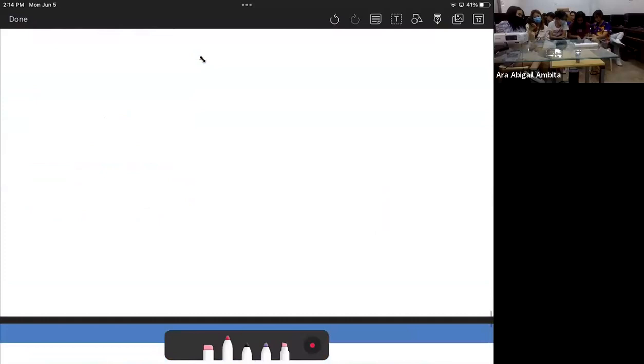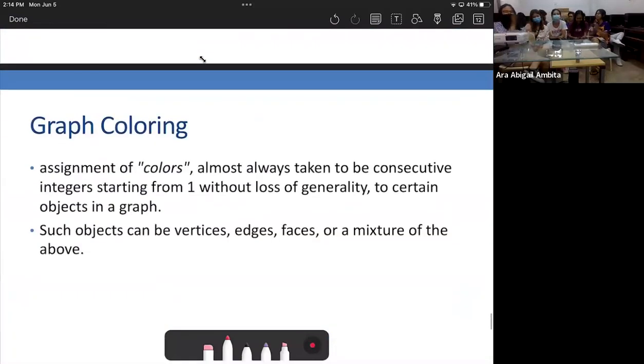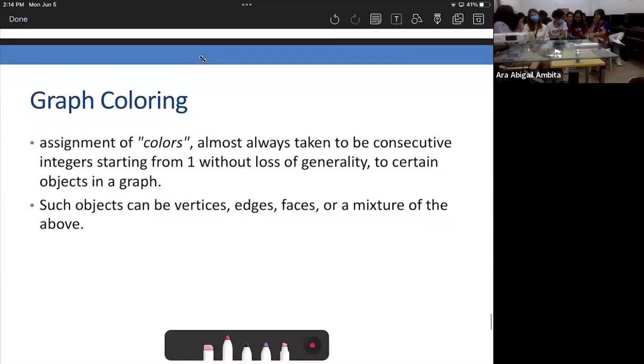Okay. Now, we are at the last topic. Then you can study for your math exam. So what about graph coloring? It is the assignment of colors. And by the way, you are not watching the recordings, and you are not scanning the materials.